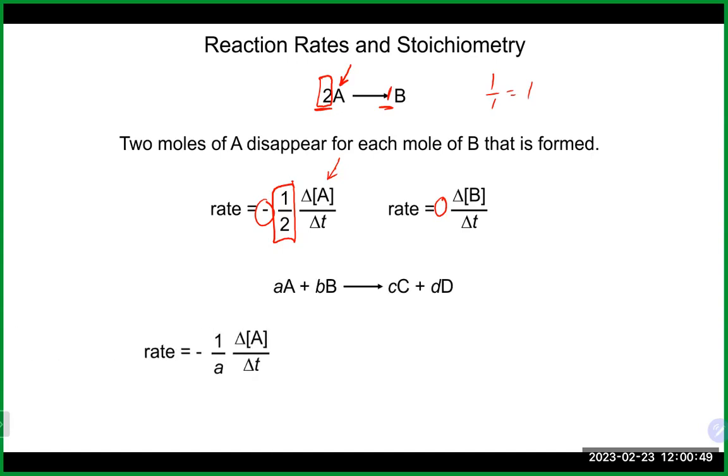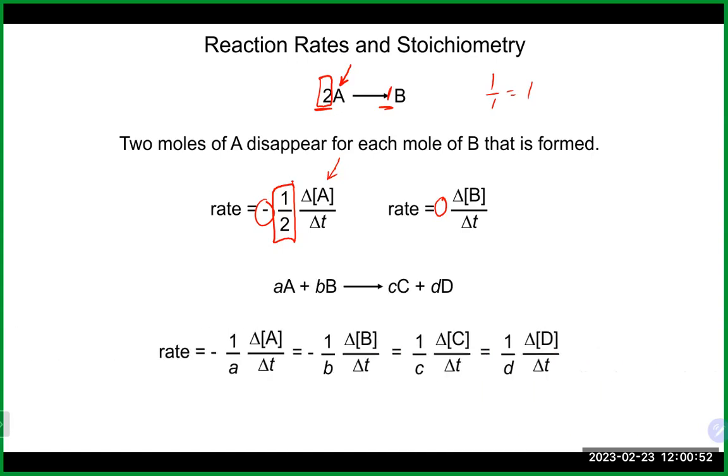So in general, you could write a rate expression and set all those things equal to each other. And the nice thing about the rate expression is this: if you know just one piece of information about the reaction, maybe you know the average rate, or maybe you know for A how much the concentration is changing versus time, or maybe you know something about a product, how C is being produced versus time, you basically could figure out using the rate expression how everybody is changing in that reaction over a period of time.